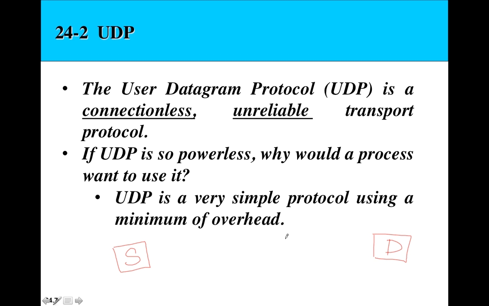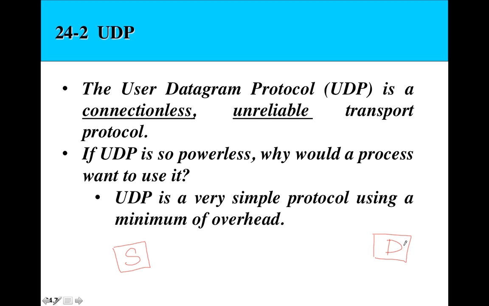We don't establish any connection like TCP. We don't do any handshake. If we want to send something, we just make a packet out of it, send it, and forget it. We also don't worry about acknowledgement, so it is unreliable. If we send a packet, there is no acknowledgement received from the destination.